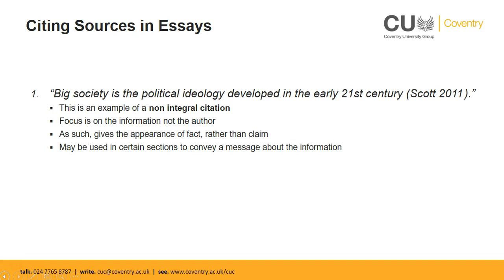So this first one, with the citation at the end of the sentence, is called a non-integral citation, and its use is to focus on the information provided, not the author of the information. So by doing this, it gives the appearance of fact rather than a claim by the author. So this can be used in certain sections of your writing to convey a message about the information, your feeling about that information, that it is closer to a fact than to a claim.